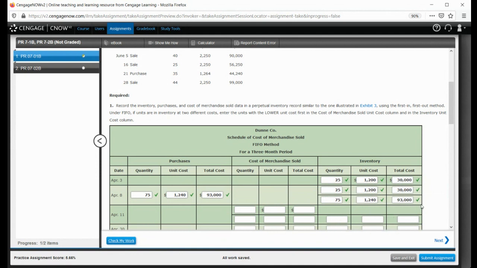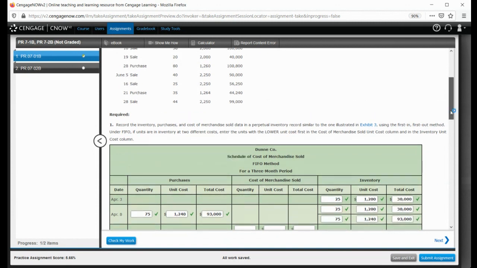So on the April 8th transaction, we not only have the beginning layer of inventory that came from the last period, we just copied that down there, then we bring across what we just purchased to the inventory record. Now we're saying we have 25 units at 1,200, that was the cost, and we have 75 units at 1,240 with which to draw from when we sell our merchandise inventory.